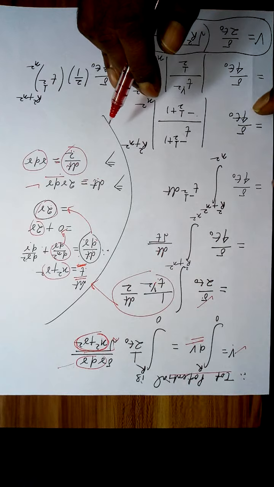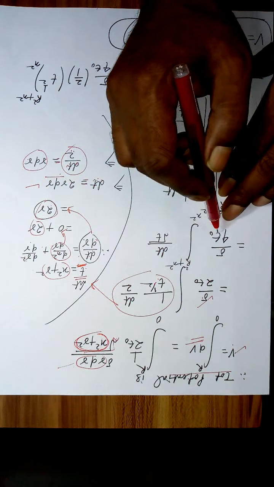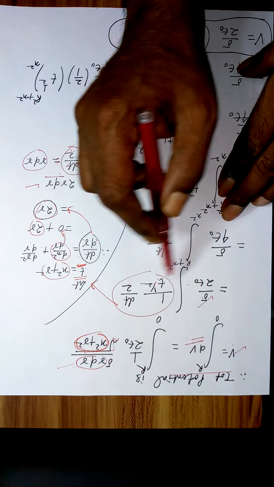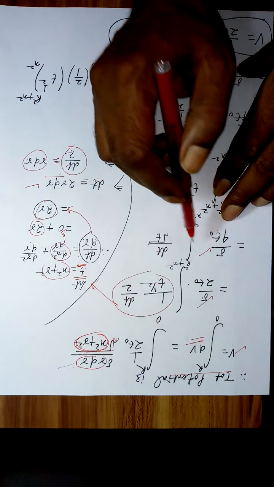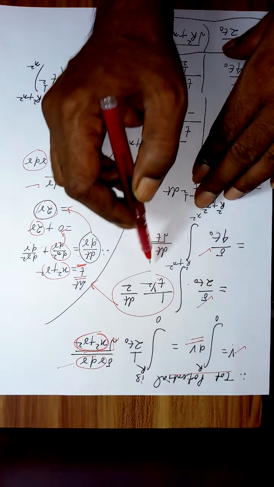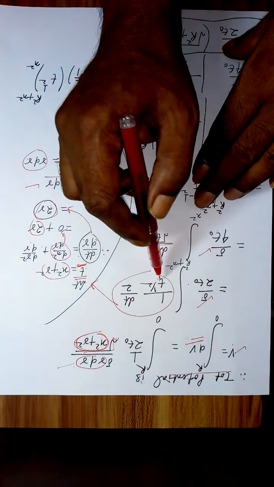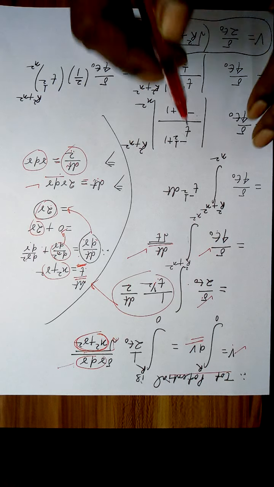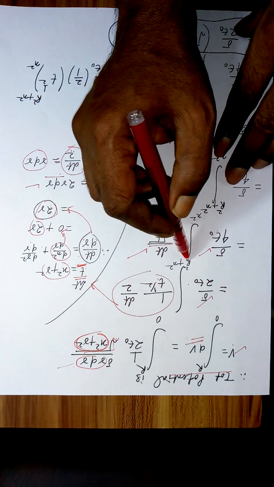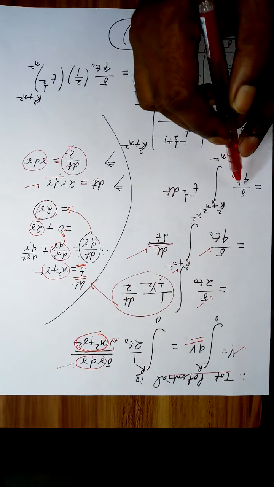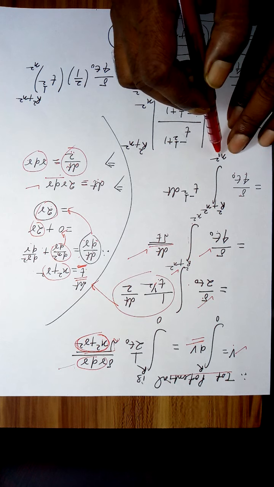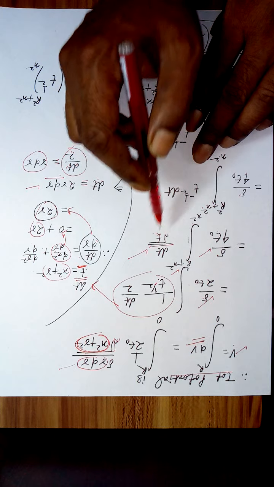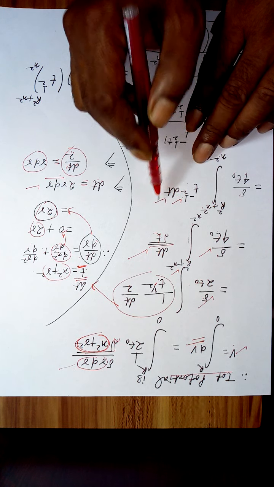Now this 2 comes outside because it is a constant, so it becomes sigma by 4 epsilon naught, and I am left with dt over square root of t. Now I change the limit from x square to r square plus x square. So sigma by 4 epsilon naught, integral from x square to r square plus x square, and this becomes t to the power minus 1 by 2 dt.